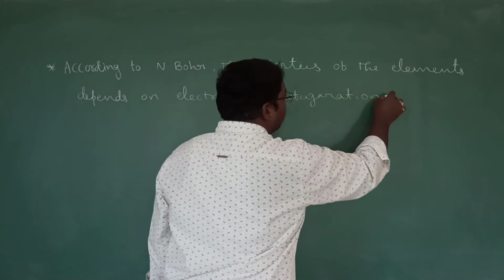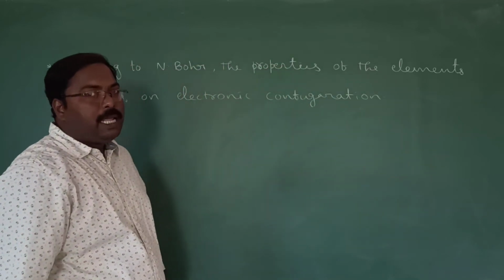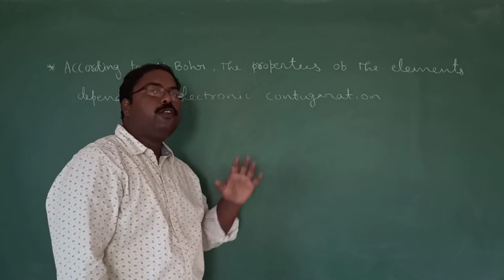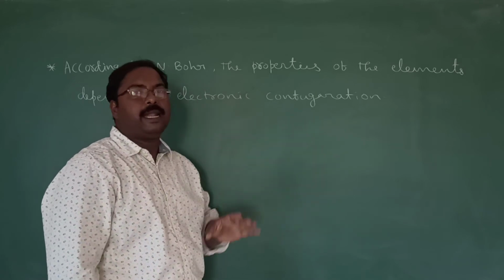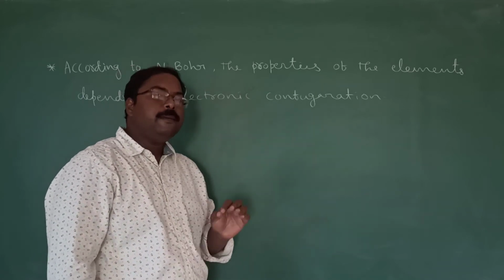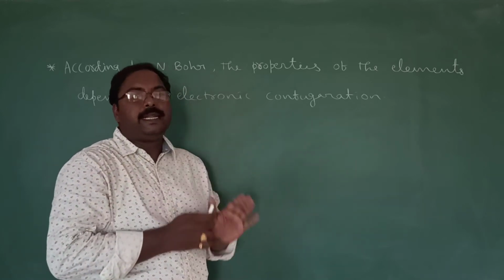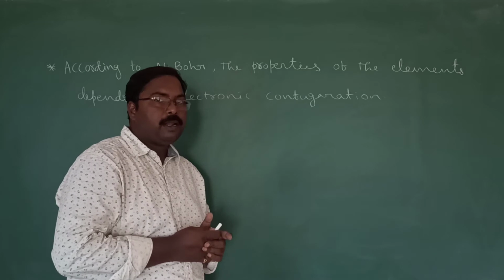The properties of the elements depend on electronic configuration, not only on the atomic number. Because atomic number gives information about how many electrons are present in the atom, right?